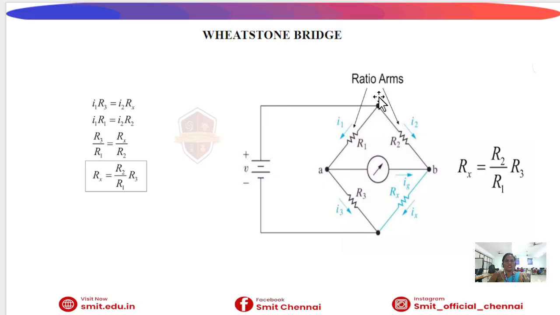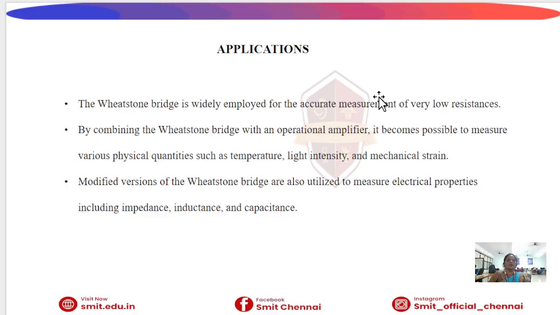Rearranging the equation, we obtain the unknown resistance, Rx equal to R2 by R1 into R3. So by knowing R1, R2 and R3, we can accurately calculate the unknown resistance Rx. This is why the Wheatstone bridge is widely used for precise resistance measurement.